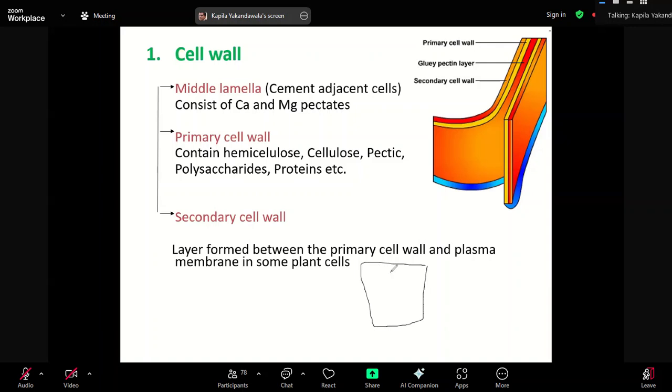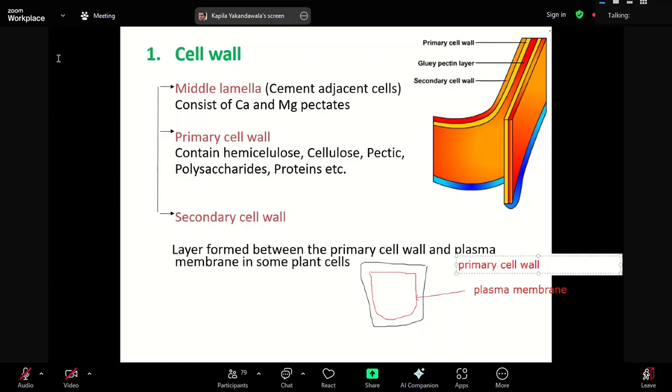And there could be, let me draw in the enlarged version. This is the plasma membrane. This is the primary cell wall.